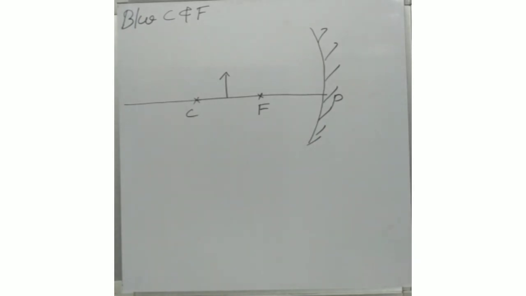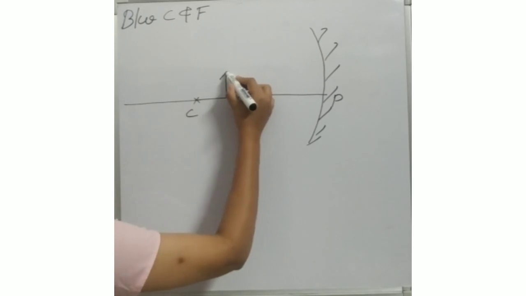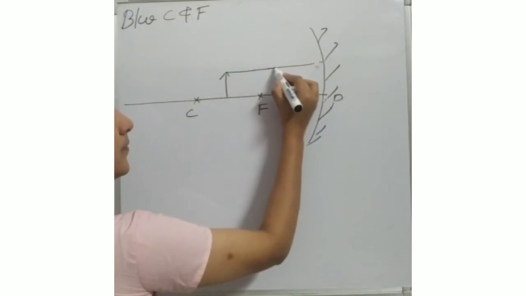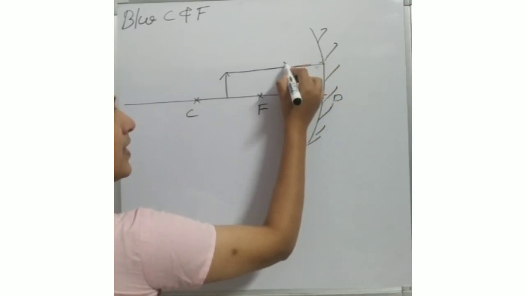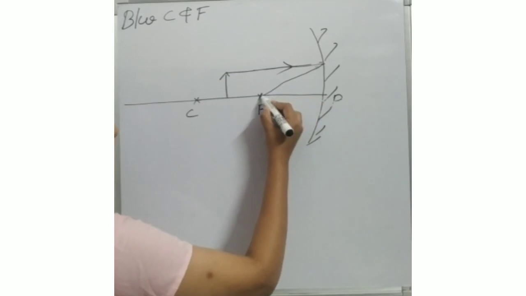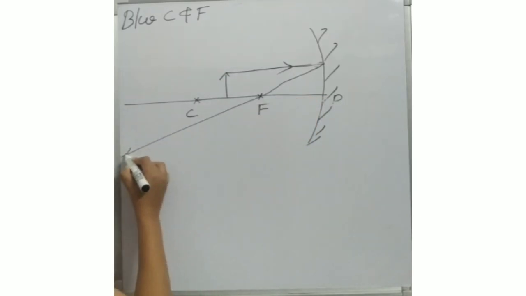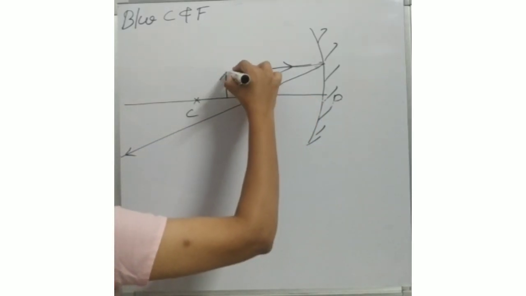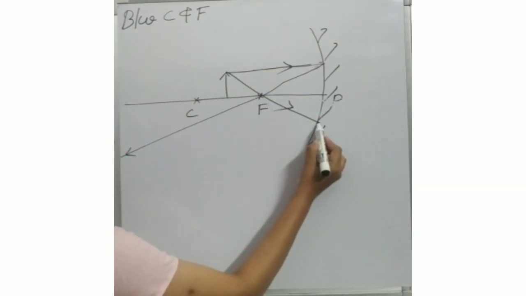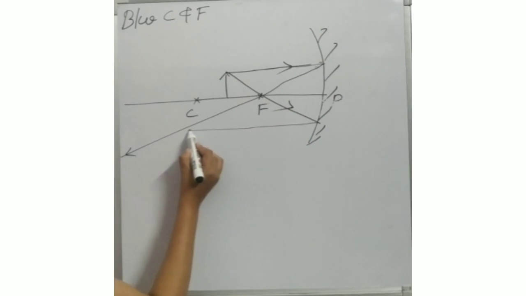Now, consider any two rays to draw the ray diagram. Suppose a line comes parallel to the principal axis, then it will reflect through focus.